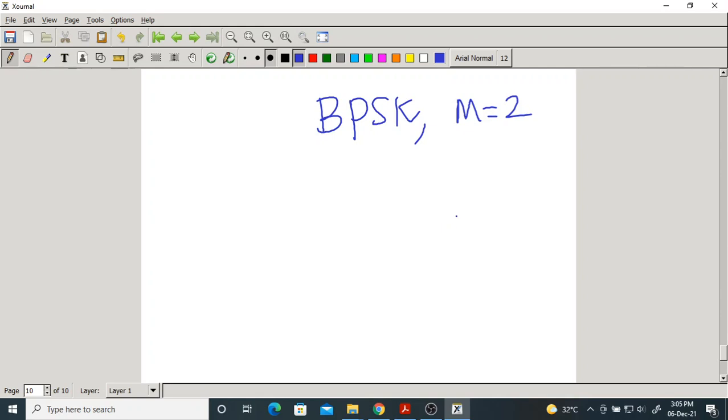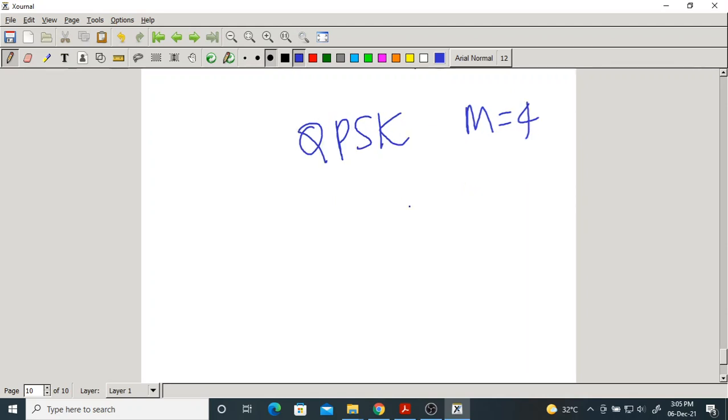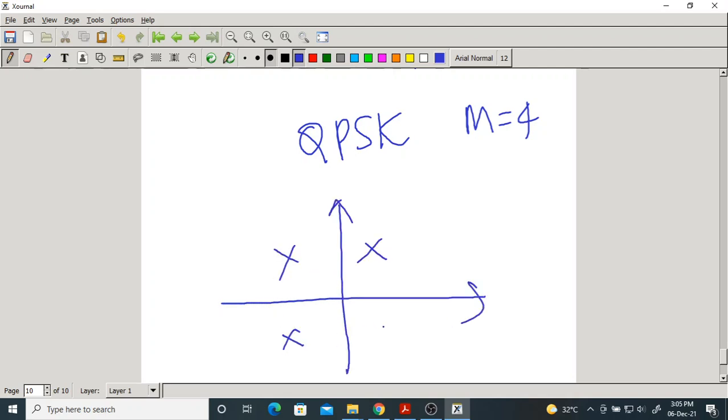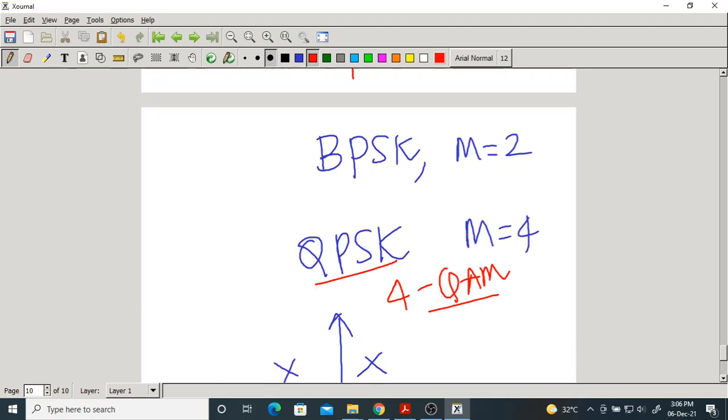If m equal to 4, it is called QPSK. It has 4 points at 4 different phases. So QPSK is just like 4 QAM. Please remember this, very very important.